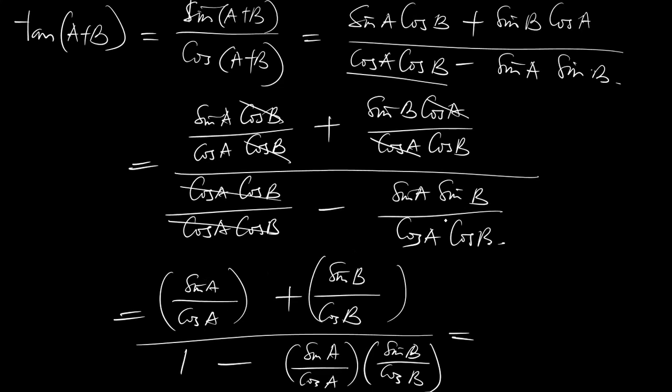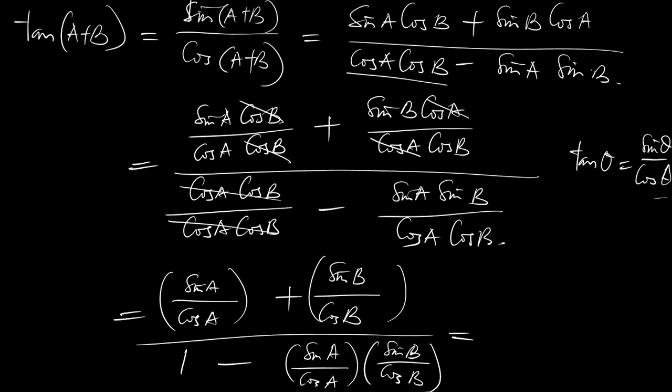Now, according to trigonometric identity, you know that tan of an angle is equal to the sine of that angle divided by the cos of that same angle.